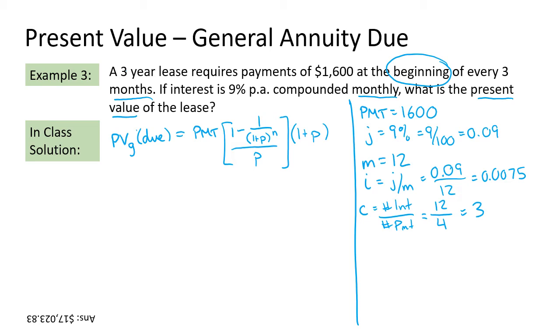Now, calculating our equivalent rate of interest, P, it's 1 plus our periodic interest rate to the exponent C minus 1. In this instance, 1 plus 0.0075 to the exponent 3 minus 1. So our equivalent rate of interest is 0.02267.